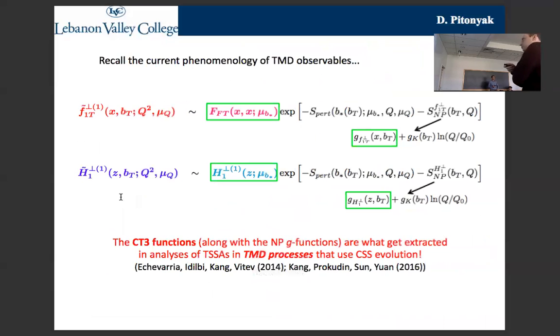But yes, the evolution here is known for these functions. So at some point, I think we can implement the full evolution for them. I believe that the relations hold, but that's something we're looking into as well.